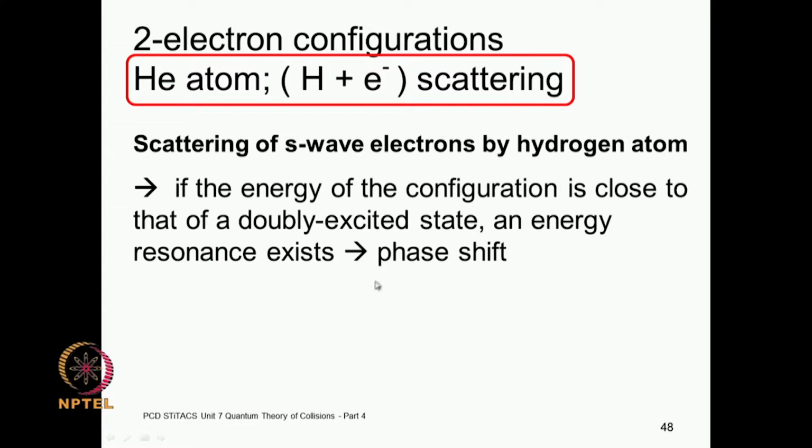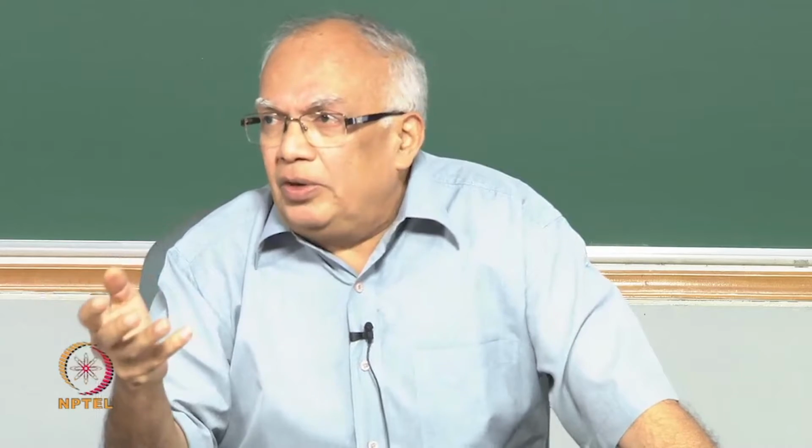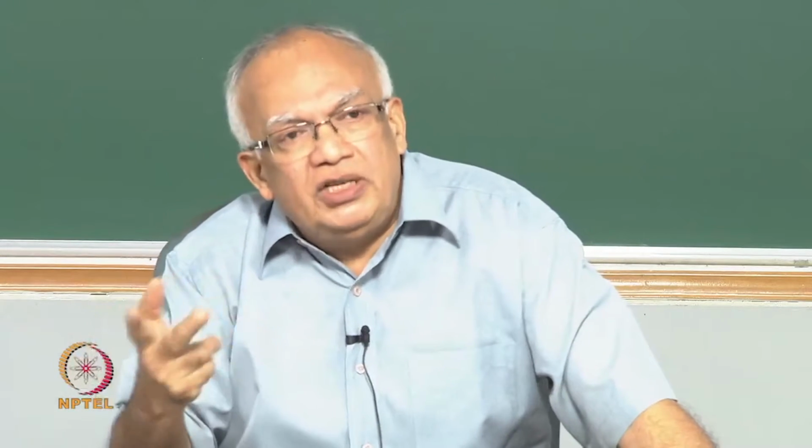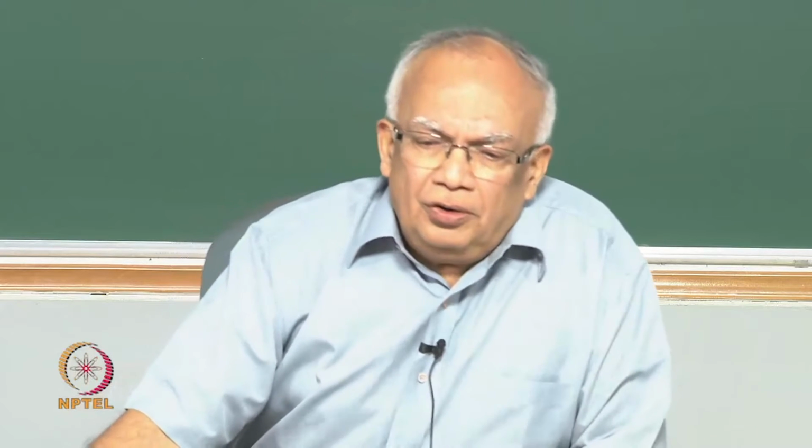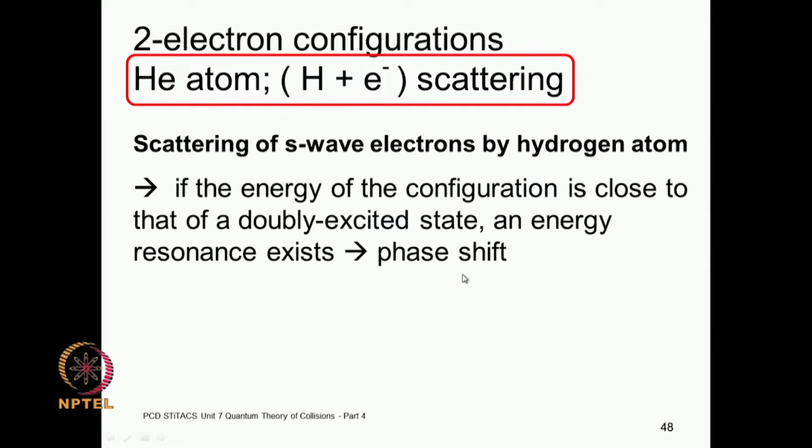Now, this is the main question of interest: you have these 2 electron configurations in a many electron system, and you can discuss important correlations in terms of these 2 electron configurations. When you have the energy of a doubly excited state in 2 possible configurations, one of which is bound and the other is bound continuum, then you will have resonances.